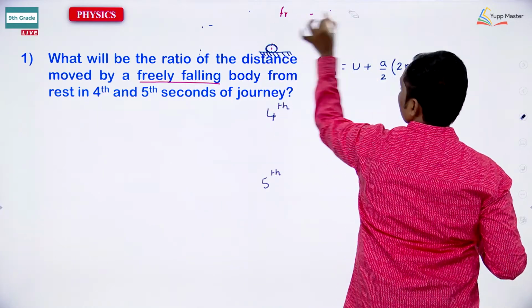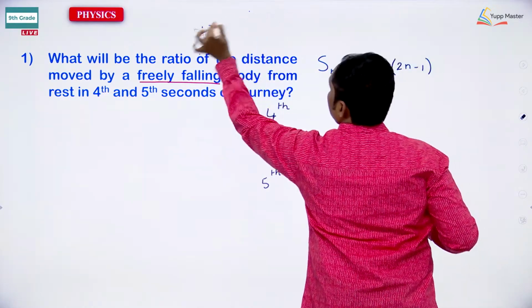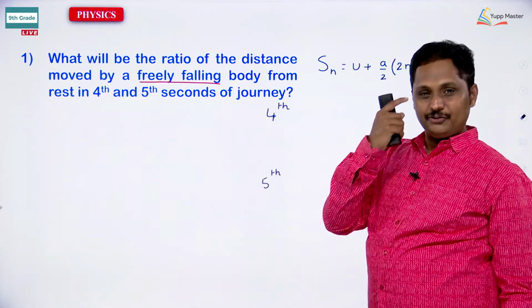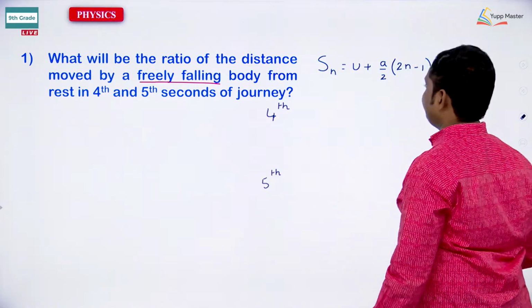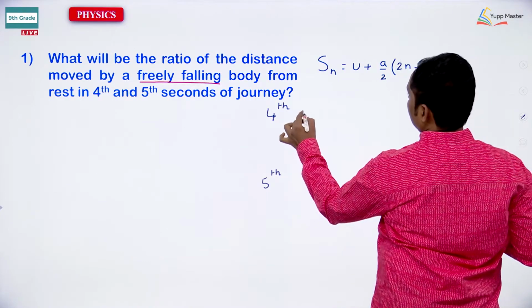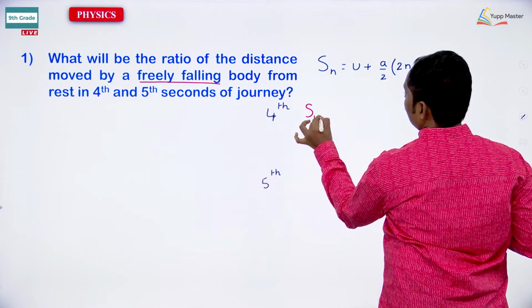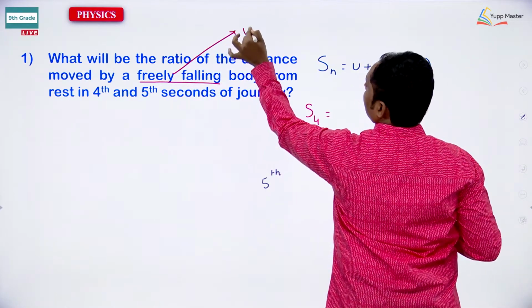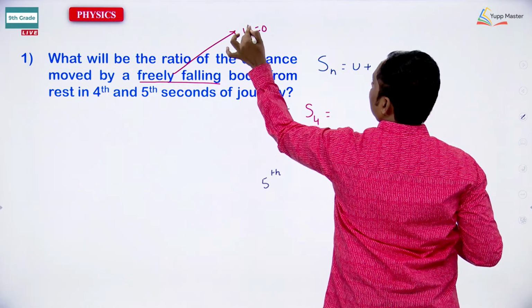Yes, we will consider a freely falling body. In case of a freely falling body, its initial velocity is going to be 0. All right, we can go for this one. S4 is equal to, simply we have to consider in case of a freely falling body, u is equal to 0.